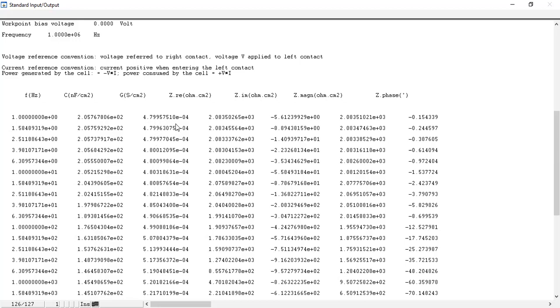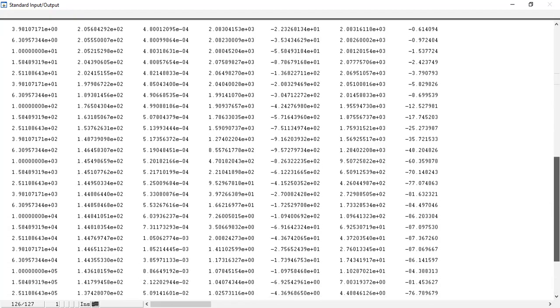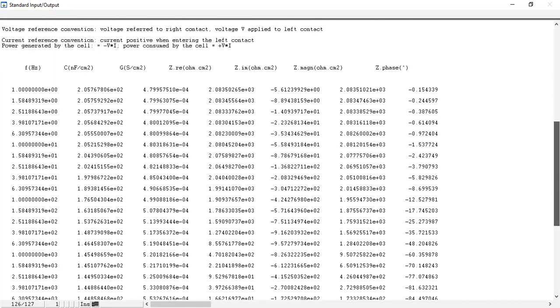And when we talk about the conductance, this third column is basically for conductance. We can see that when we have lower frequency, we have lower conductance, and as the frequency of the applied AC signal was increased, we are getting higher conductance values.